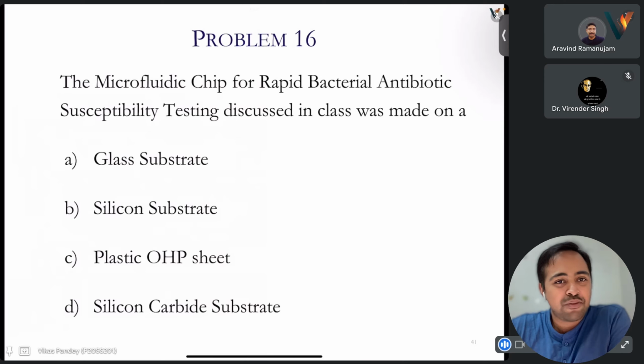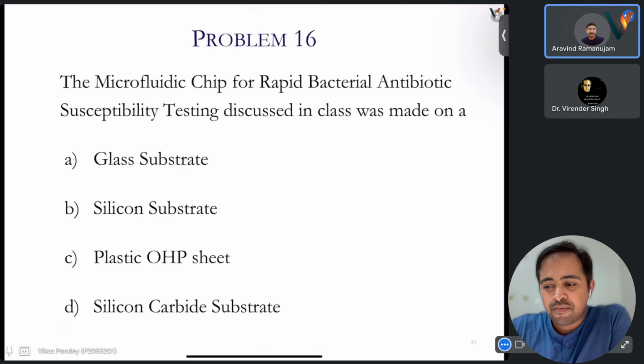And what is the full form of OHP? Any idea? OHP, no idea, sir. Is it overhead projector sheet? Yes.